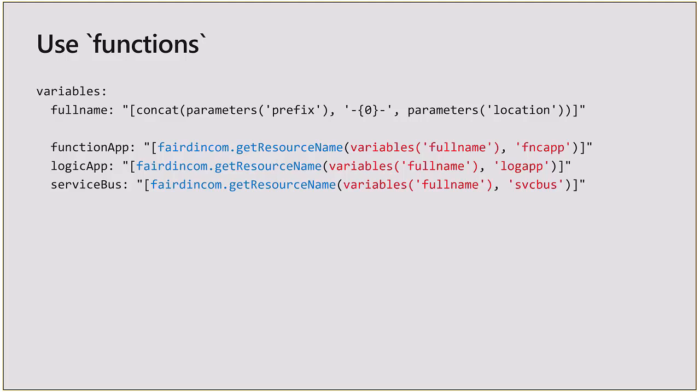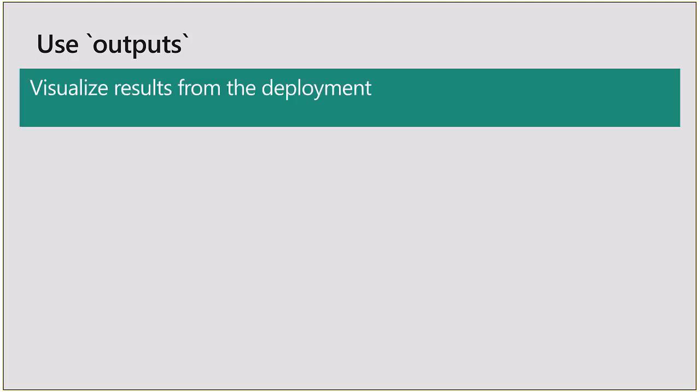Also, this is the output section. The output section is also very underestimated. Once the ARM template is deployed, the output section visualizes the deployment results.